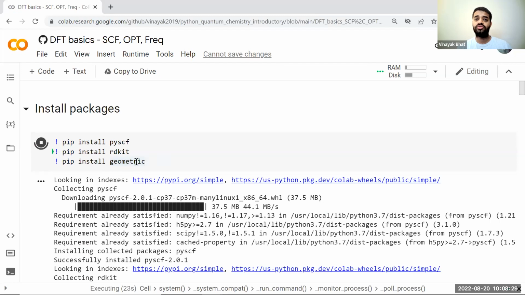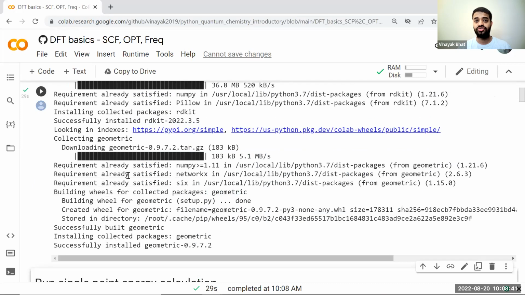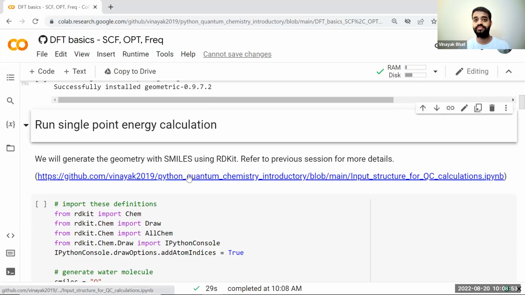And geomeTRIC is for the geometry optimizations that we are going to perform. It's required by PySCF to do optimization. Once you click on this, you will see that it'll do some stuff, and finally it'll tell you that it's installed. If you're at this point, you have successfully installed the packages that are required for this session.